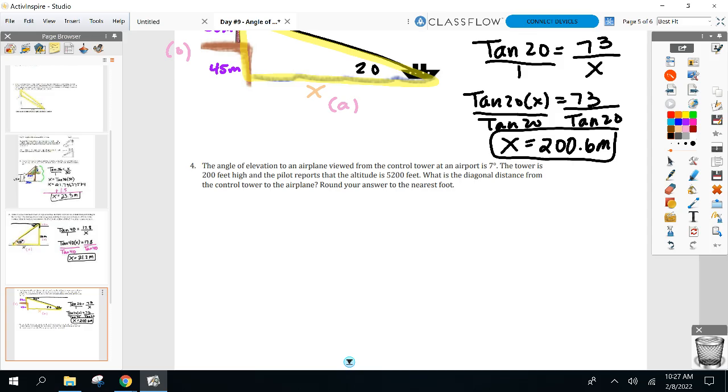Angle of elevation to an airplane viewed from a control tower. All right, here we go. Warm it up. Control tower time. Control tower. Great.